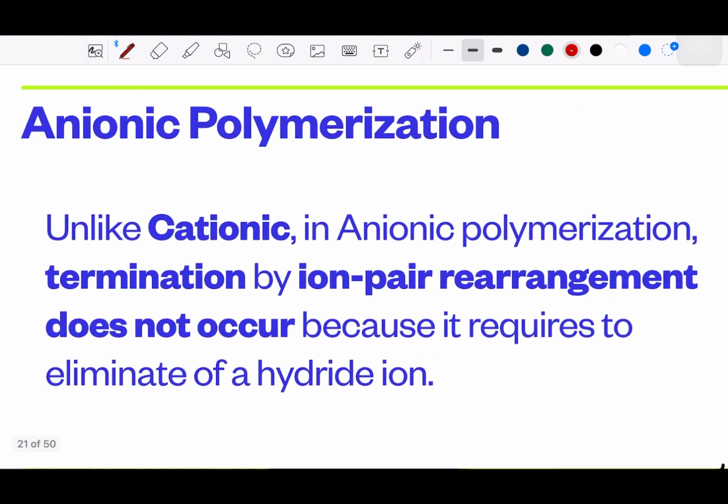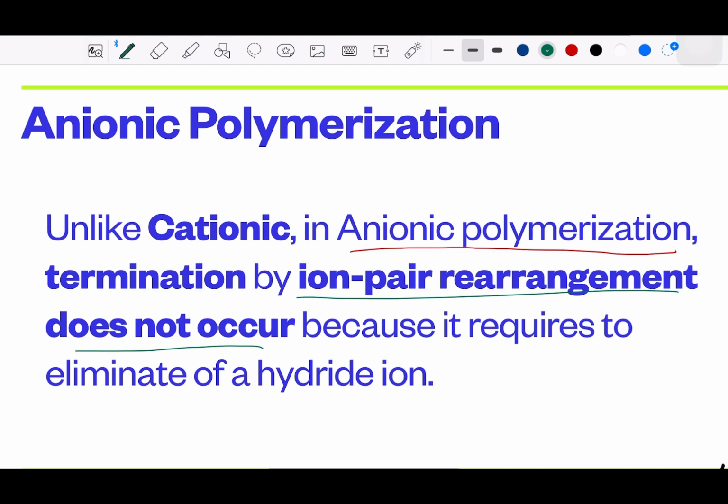In ionic polymerizations, the termination by ion pair rearrangement is also not possible. It doesn't occur.